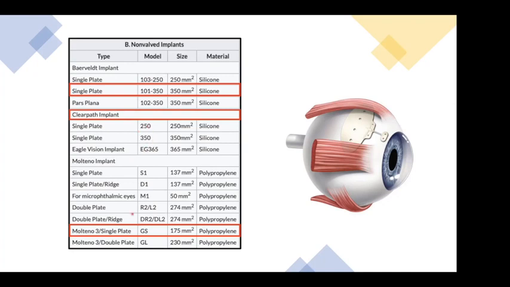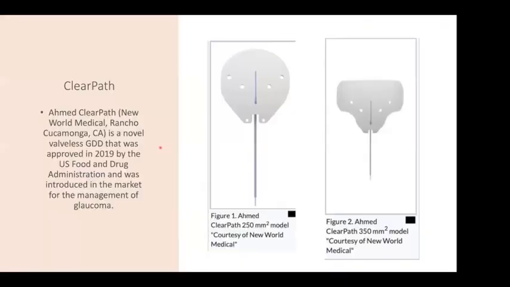And then Molteno nowadays is also trying to come back. Molteno was the initial good implant, back in 1986, and now Molteno is coming back with the Molteno 3 design, which is again one of the non-valved implants, and it's available now in the market.